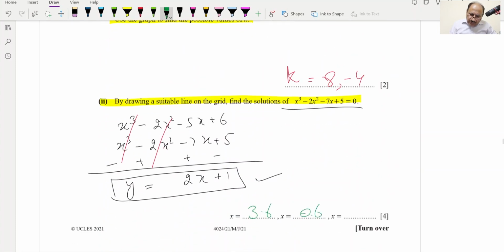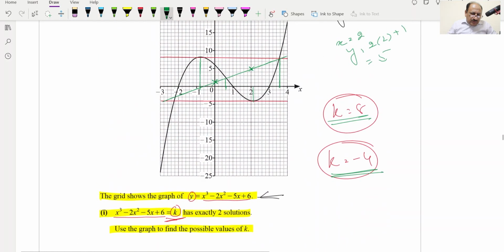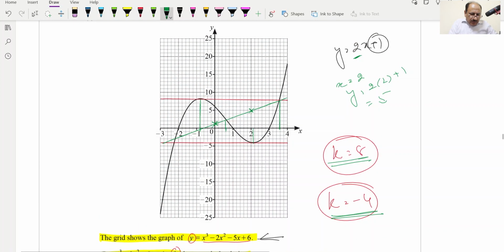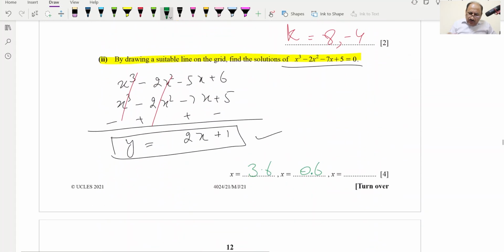These are positive values, and the third one will be the negative value, and this value will be over here, so it will be minus 2.2. These will be the three values, and this is a 4-mark question.